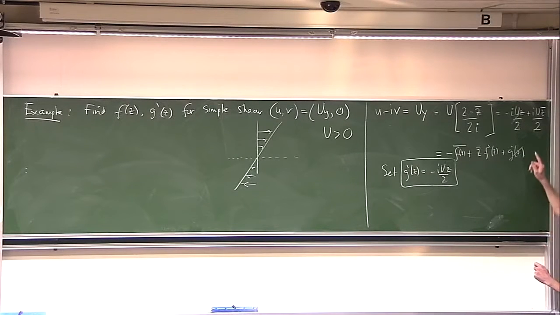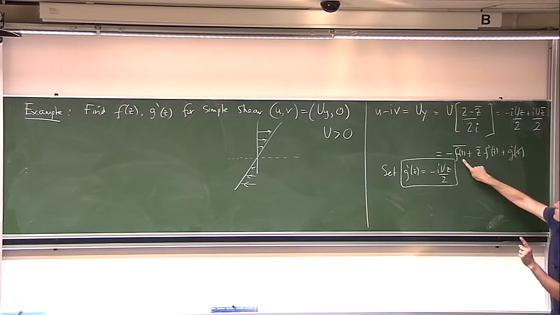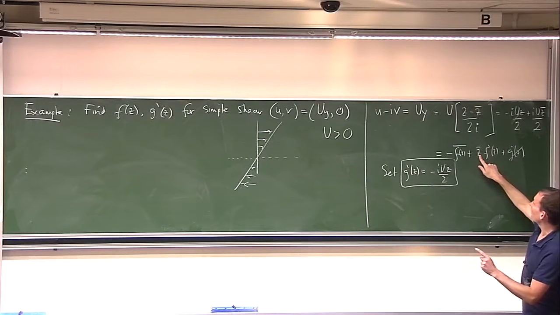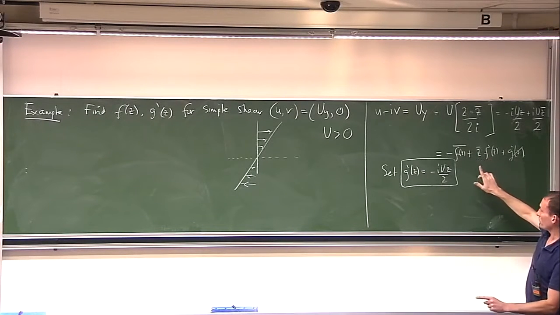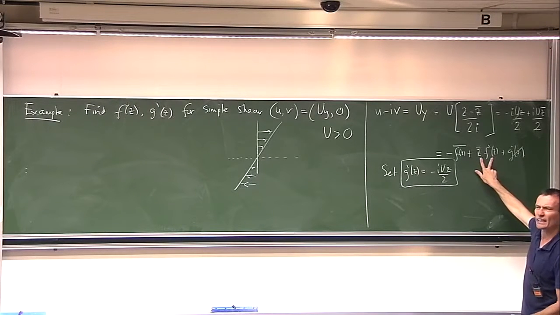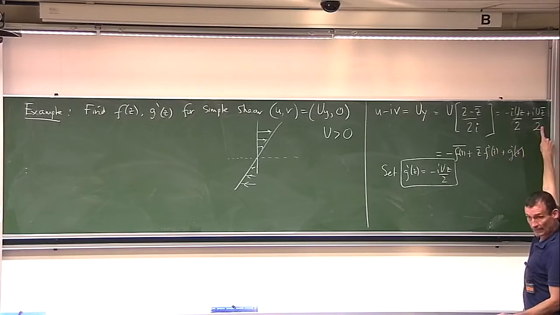Right. Now, this thing, which is the anti-analytic thing, has to somehow equal the rest of it. Now, let's stare at this a little bit. Remember, this is the one that seems to be causing a problem because it's not analytic and it's not anti-analytic, whereas this is anti-analytic.